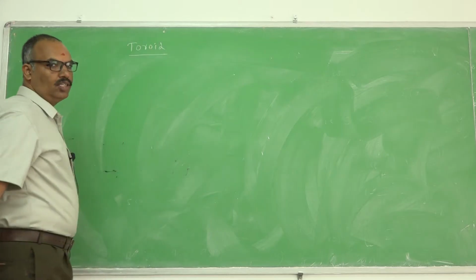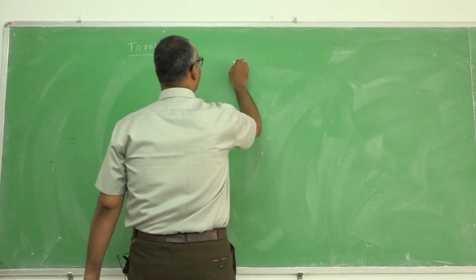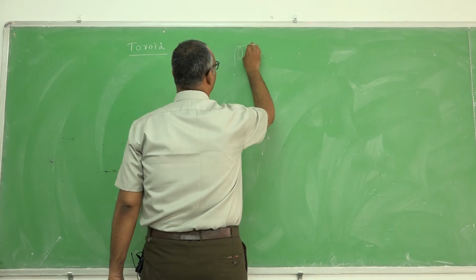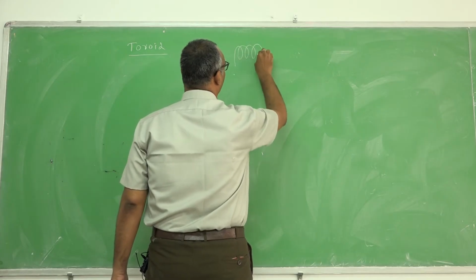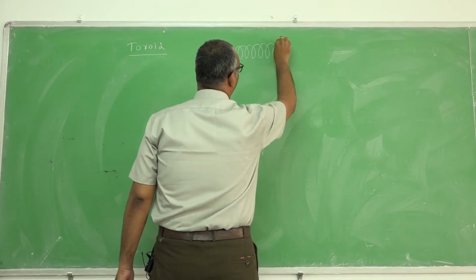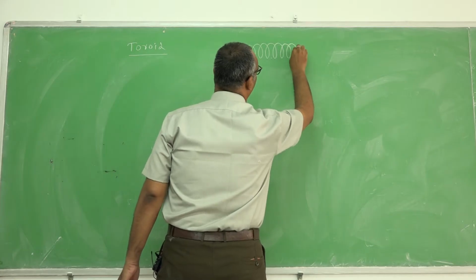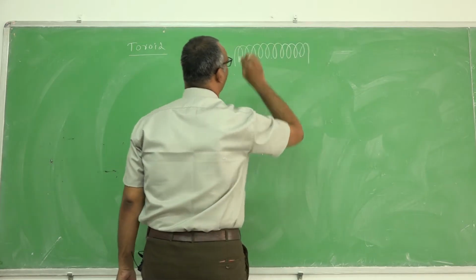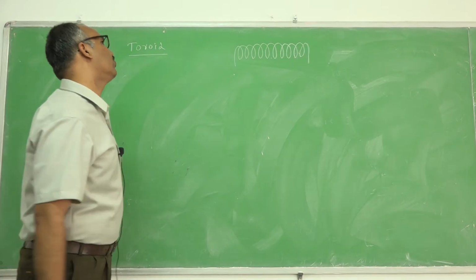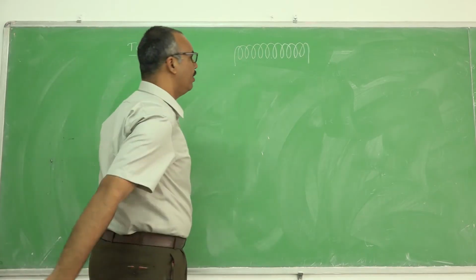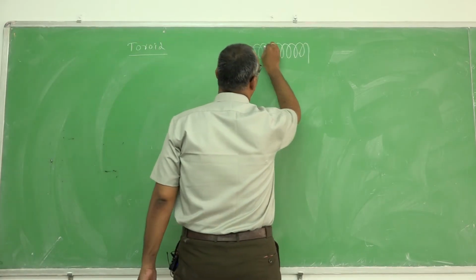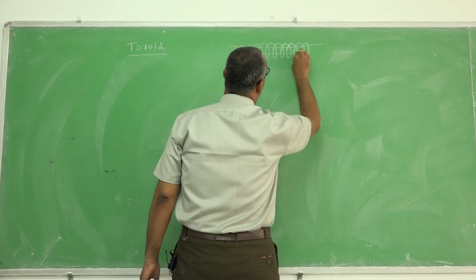We know about solenoid. Solenoid means a wire which is wound in the form of a spiral like this. The arrangement of a wire in this form is called solenoid. In solenoid, magnetic field lines are like this.